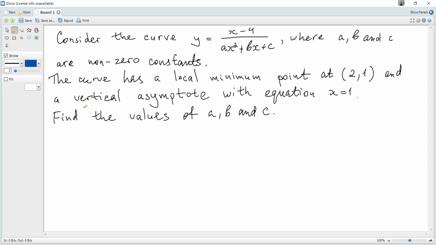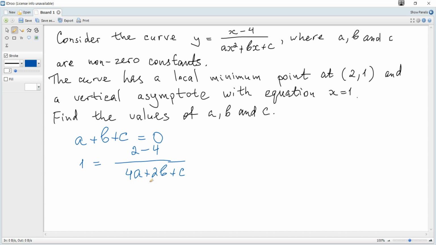So, the vertical asymptote, substituting 1 for x into the denominator, we get that 1 squared times a, so just a plus b plus c should be equal to 0 to get a vertical asymptote at x is 1. The second, just a point, so 1 for y, 1 is x, it's 2 minus 4 over 4a plus 2b plus c, and it's negative 2.